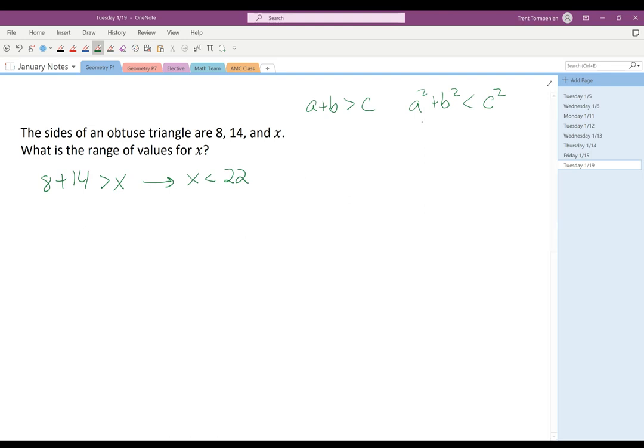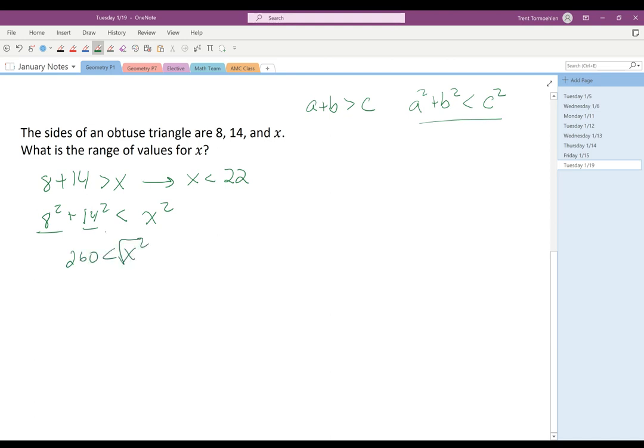Then we do the Pythagorean inequality, which tells me that 8 squared plus 14 squared has to be less than x squared. This is assuming, again, x is the longest side of the triangle. And so 64 plus 196 gives us 260.